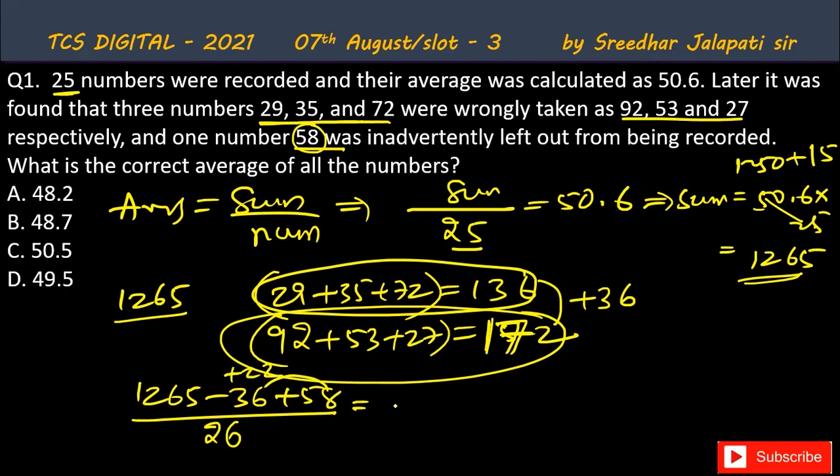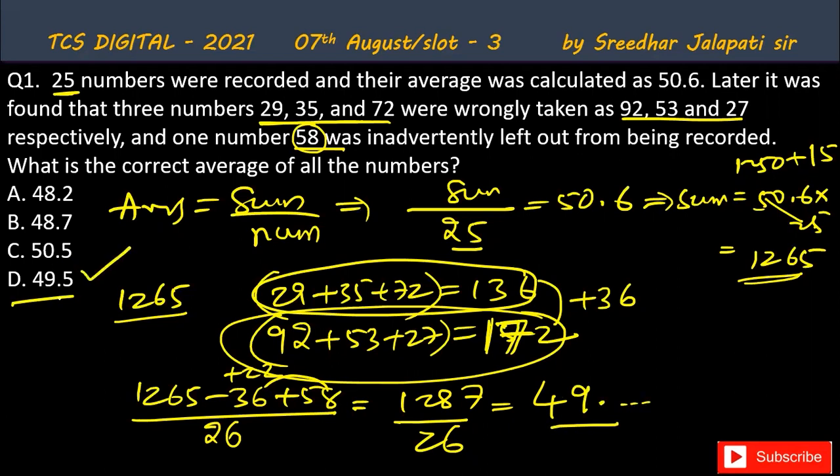So 1265 plus 22 is 1287, right? Divided by 26. On simplifying this, 26 fours are 104, and 247, 26 nines. So 49 point something you will get, which is option D, right?